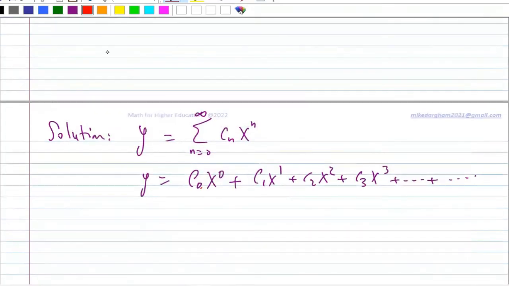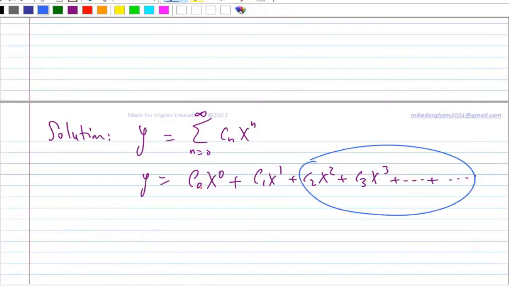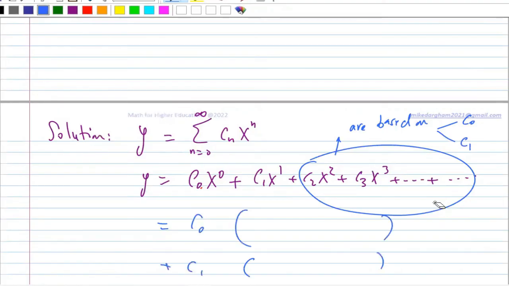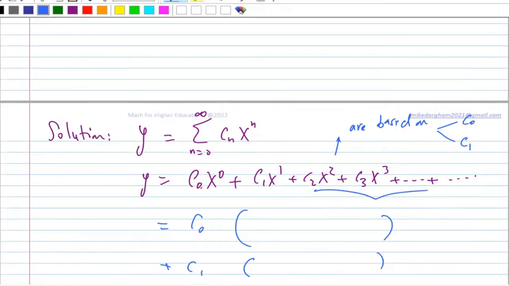Now, because your C's are recursive, all those C's are based on what? Based on C0 and another one. So what you do is you put C0 in a bracket, and you put plus C1 in another bracket. You get it?